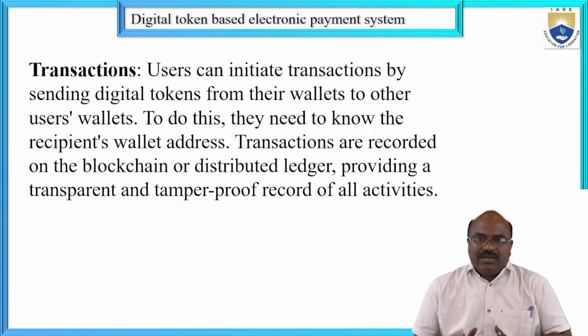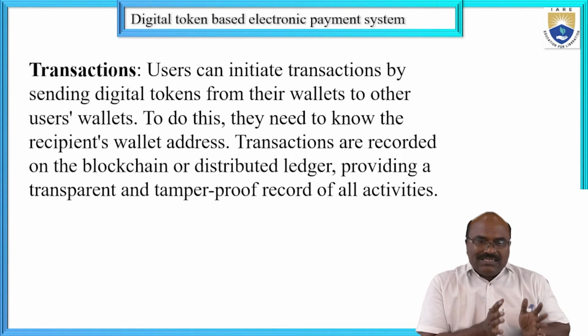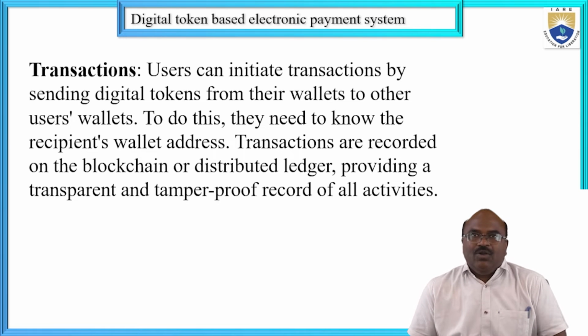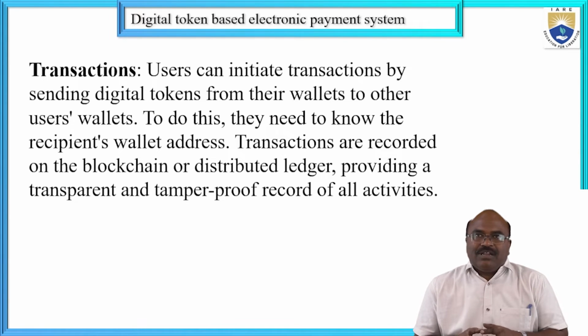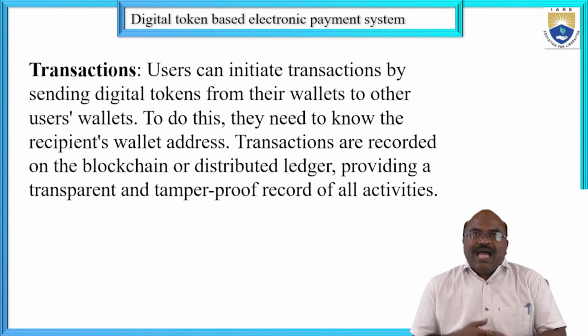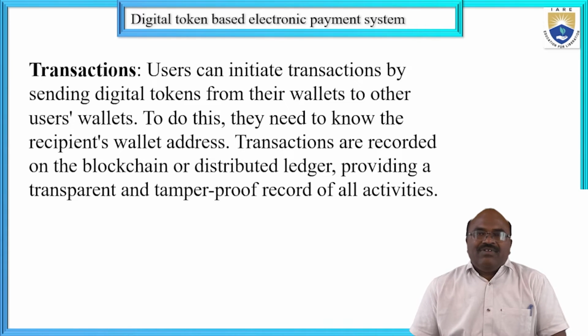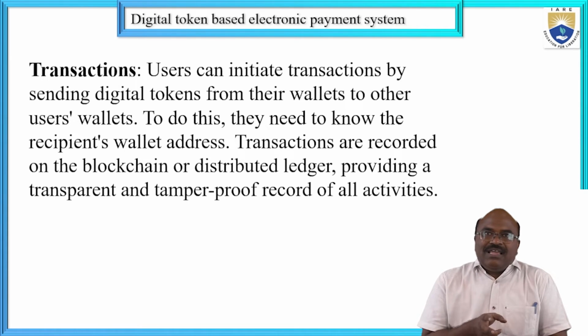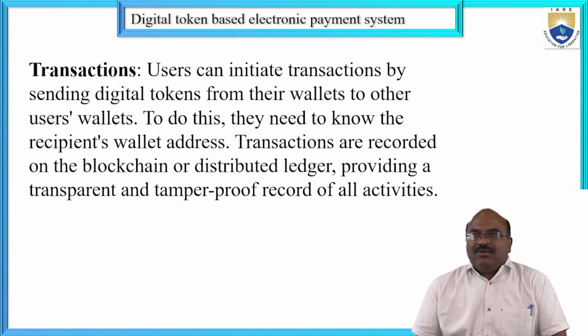Blockchain technology is nothing but the entire token divided into modules. These modules use the pointer concept, having some links. With the help of the links, tracing these tokens is some difficulty for third-party intruders, providing transparent and tamper-proof records of all activities.